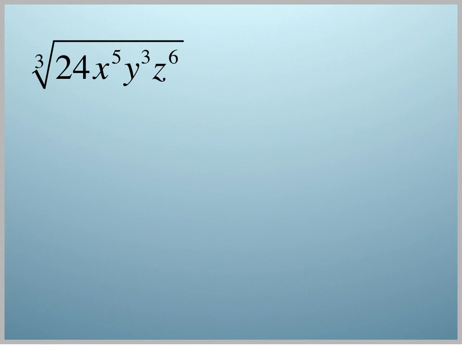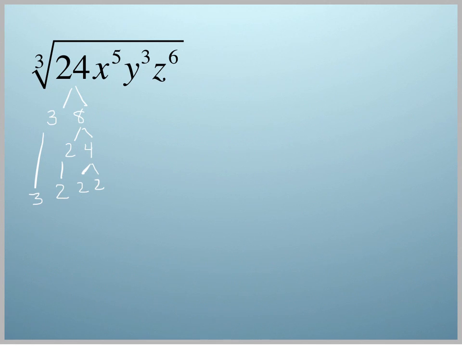So first let's take a look at our 24. You're going to have to make a factor tree. So 24, to make a factor tree, I can split up 24 as 3 times 8. And then 8 is 2 times 4. And then 4 is 2 times 2. So if I bring everything down, I have a 3, a 2, a 2, and another 2.